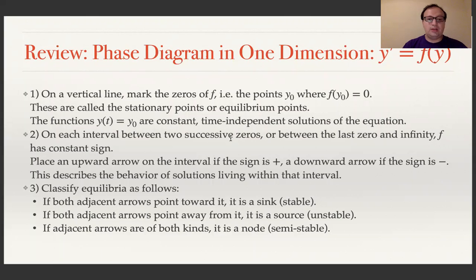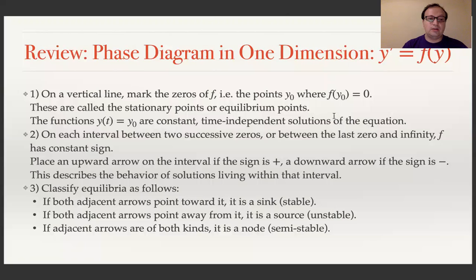So between any two stationary points, f has constant sign because if f took both positive values and negative values on one of these intervals, then since f is continuous, f would have to also take the value 0. And this would correspond to a stationary point that we have missed. So assuming that we didn't miss any stationary point, then on each interval, f will have constant sign.